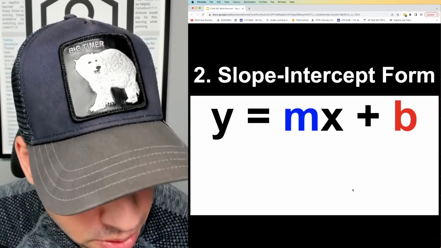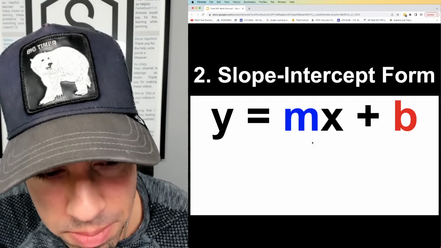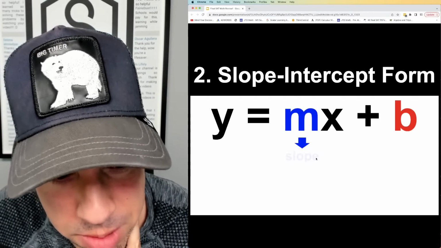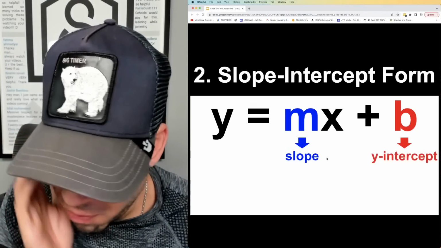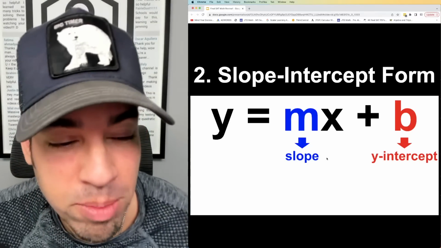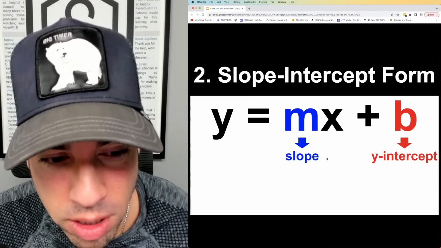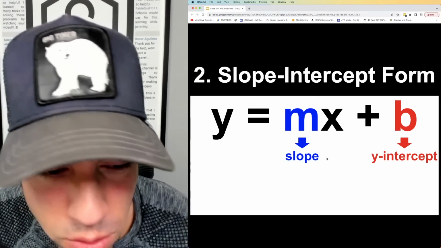Now let's talk about slope-intercept form, a very, very important formula. y = mx + b. m is, of course, the slope, and b is the y-intercept. You got to know this format because there are going to be questions on the SAT where it's in this format, or you have to put it in this format and then figure out the slope and the y-intercept.